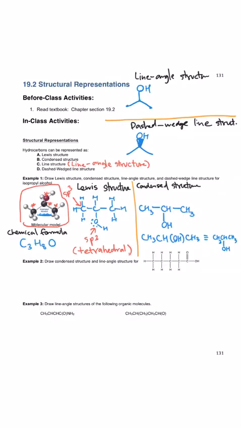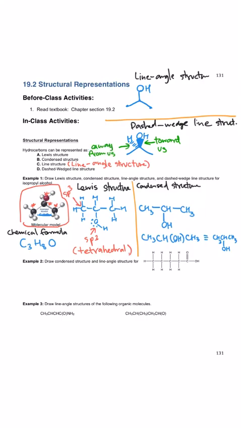Therefore, with the OH group, I'm going to use the wedge line to represent the fact that the OH group is sticking out toward us. And because hydrogen is sticking away from us, we are going to use the dash line for it. Let me summarize that again. This wedge line right here represents sticking toward us, and this one right here is away from us.